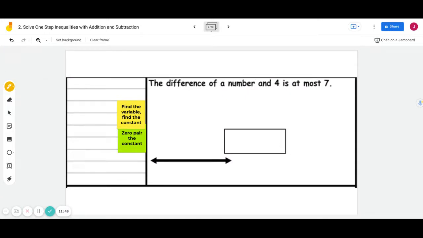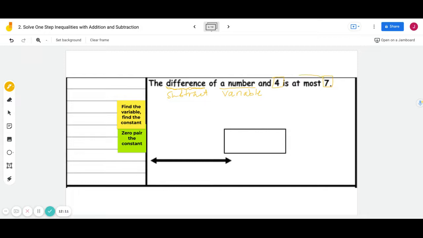The difference of a number and 4 is at most 7. All right, difference. Hopefully you know that that means subtract. A number is our variable. 4 and 7, not our targets. They're just part of the inequality.